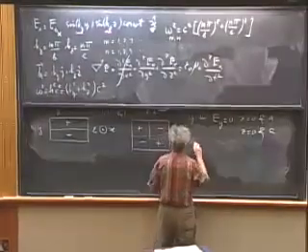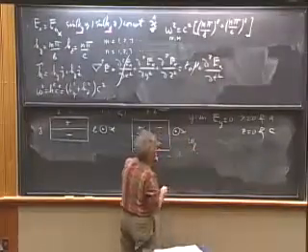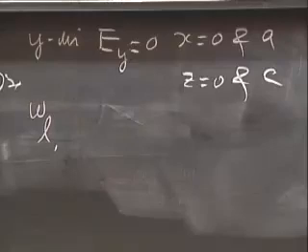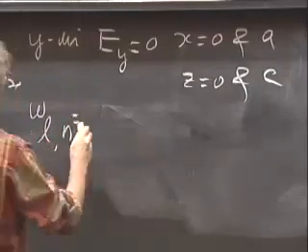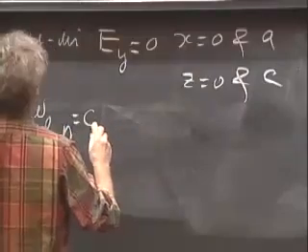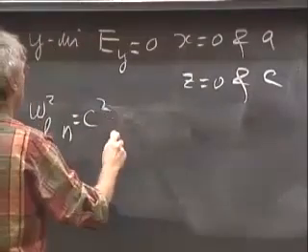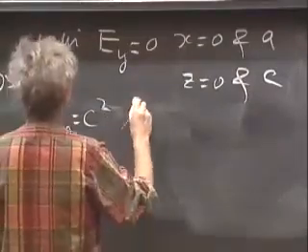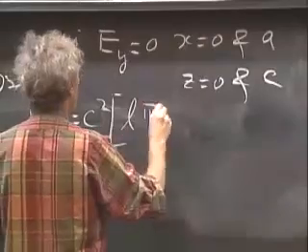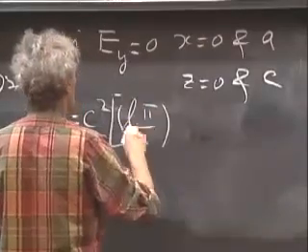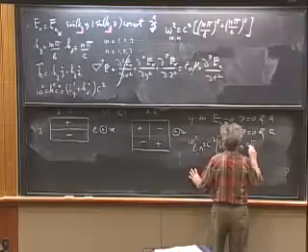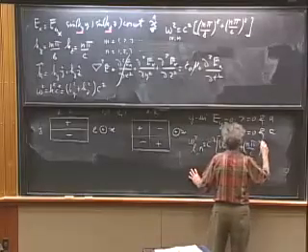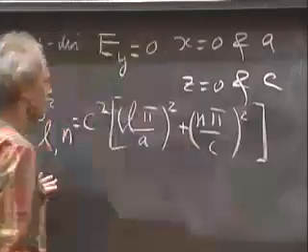I will call it now L as in lion for x, and then for z I will keep the n as in Nancy, so that we don't get confused. So that is now c. I will do it in terms of squares, and then I will get lion pi over a squared plus Nancy pi over c squared, and that's it.